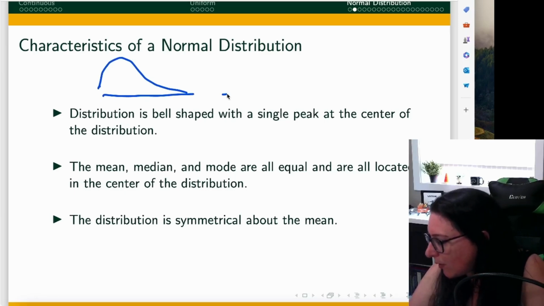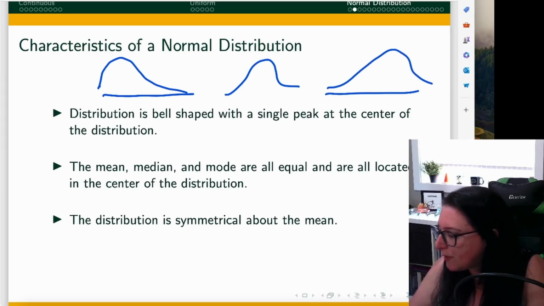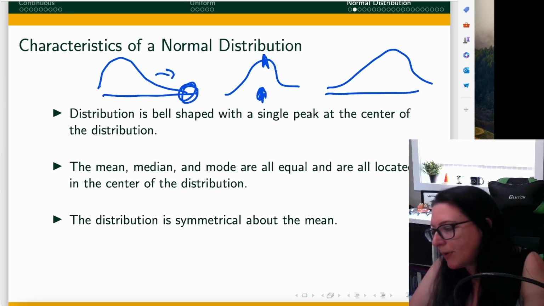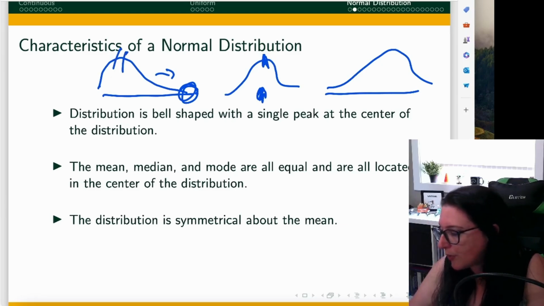So normal distribution is symmetrical. We can have a skewed distribution. So in this normal distribution, it's symmetrical. Mean, median, and mode are all right here. But if you had a non-symmetrical distribution like this one here, this means there's some high numbers that are pulling the average up compared to the median and the mode.